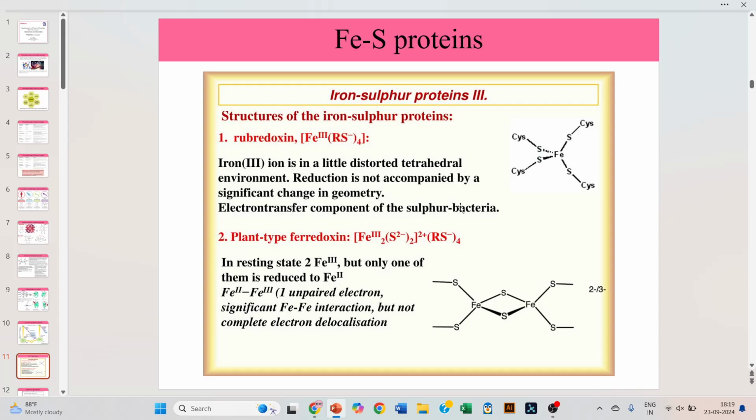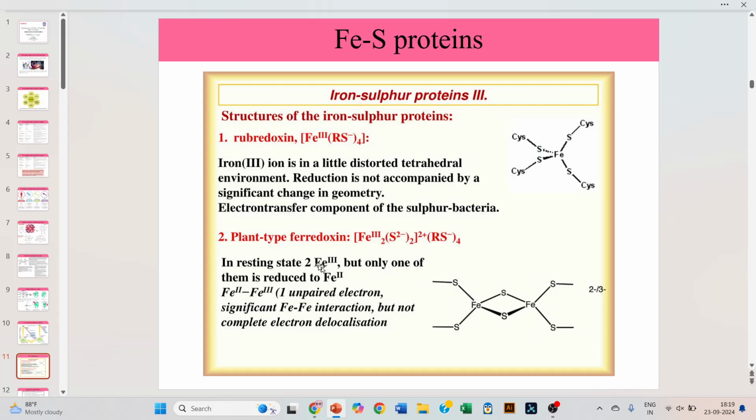Now there is plant-type ferredoxin. So in the resting state, there are two Fe3+, but only one of them is reduced to Fe2+. And with this Fe2+ and Fe3+, one unpaired electron is there and there is significant iron-iron interaction, but complete electron delocalization is not happening.